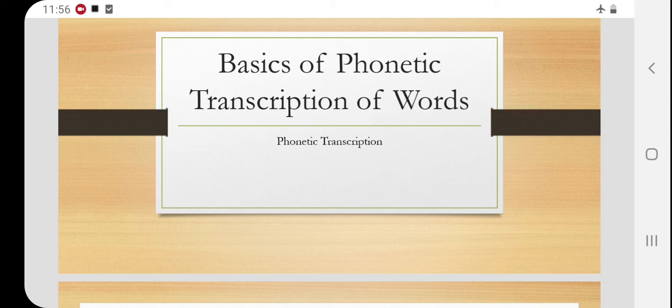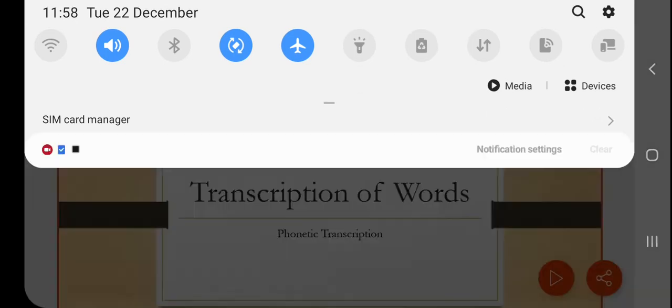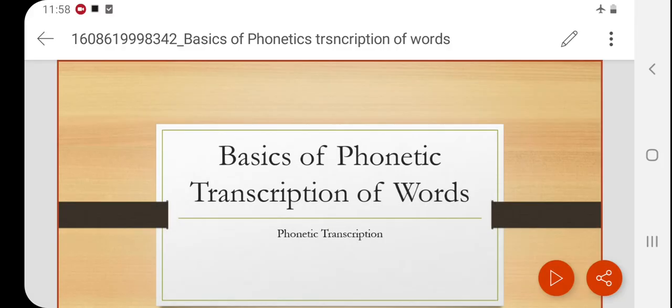But just go 20 or 30 years back, when there was no availability of internet and computers as we have today. Everyone now has mobiles and androids that can easily be used. As I was discussing, the international symbols of phonetics can easily be listened to on Google nowadays.